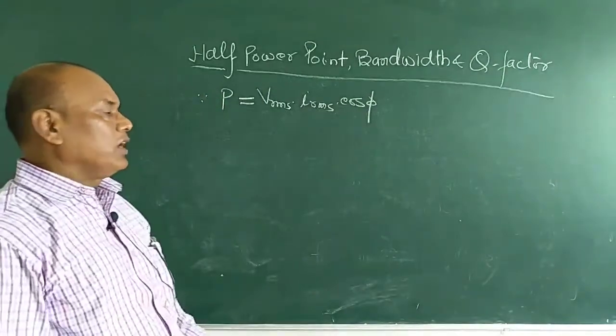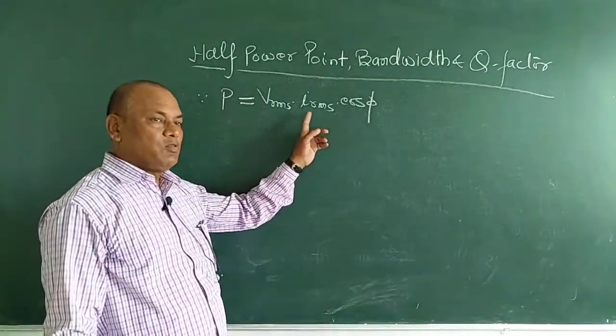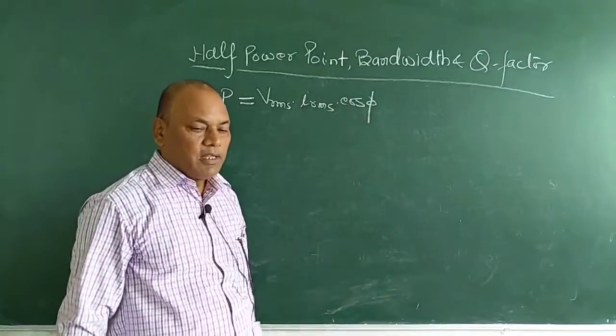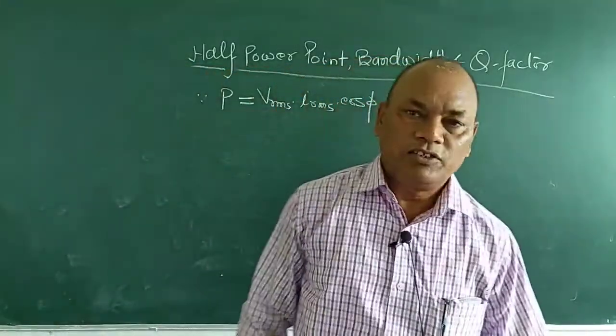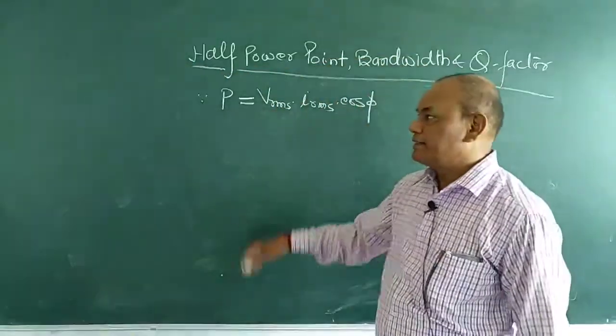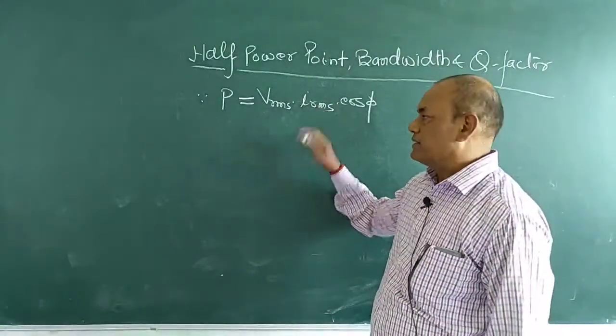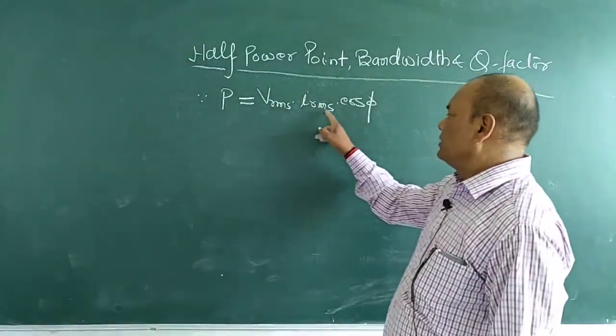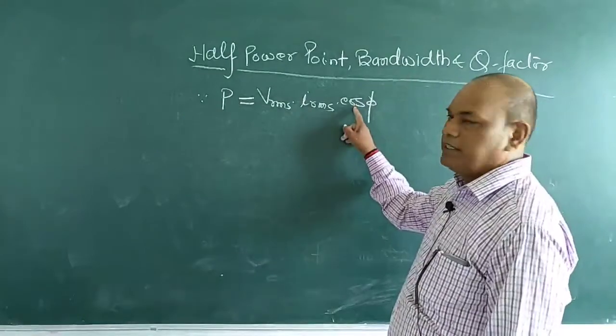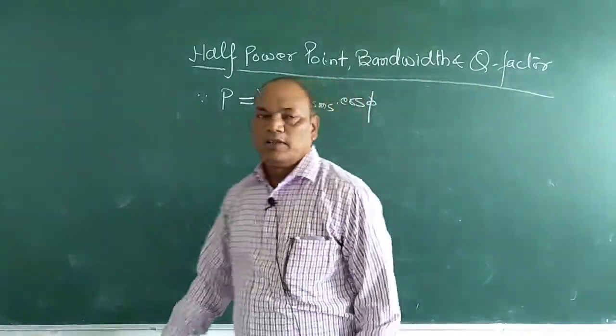This is the formula for power dissipation obtained in the case of an LR or CR circuit, where cos phi is known as the power factor.